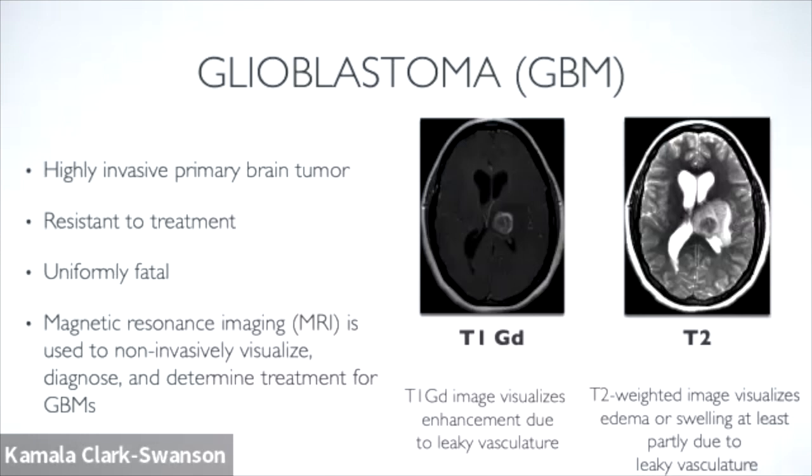We give an exogenous contrast agent intravenously, and that leaks out of the vasculature that is haphazardly formed due to the tumor. Second, we have T2 weighted images, which show a hyperintensity that represents edema, which is basically swelling, and it's at least partly due to this leaky vasculature that's forming as well.